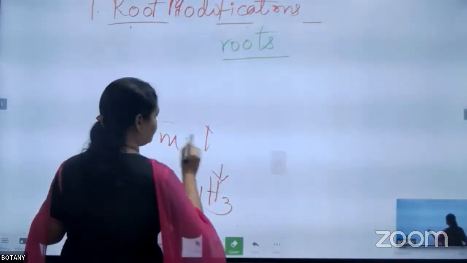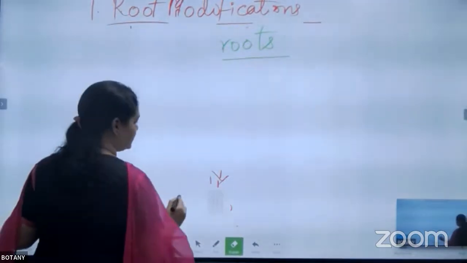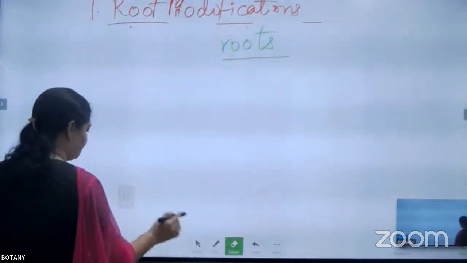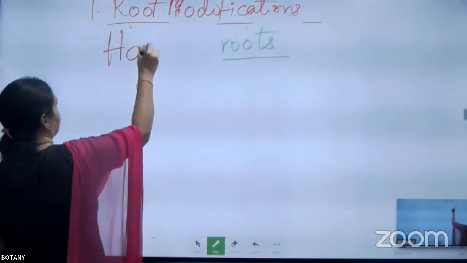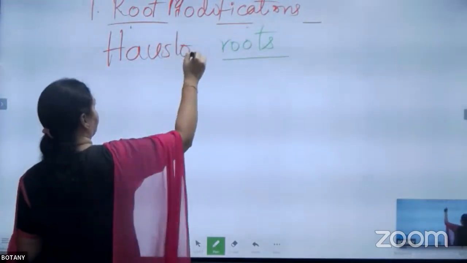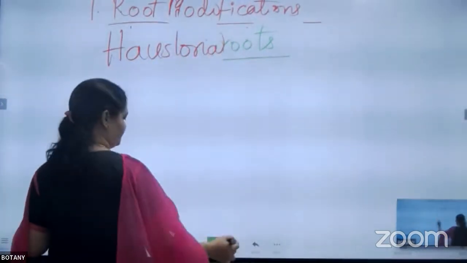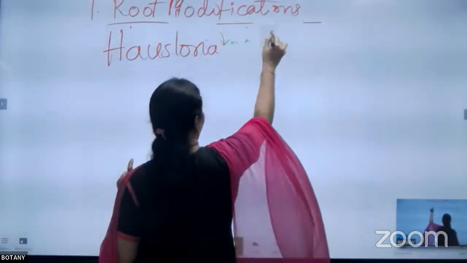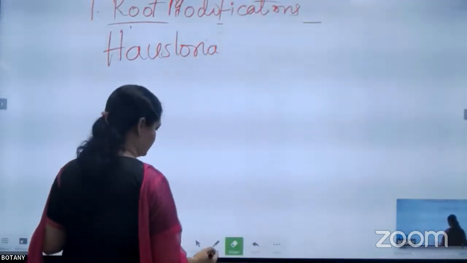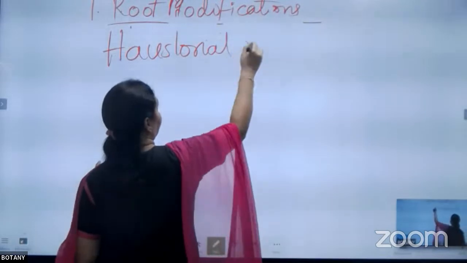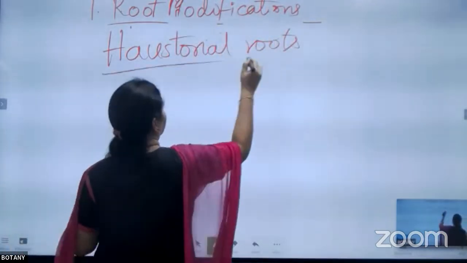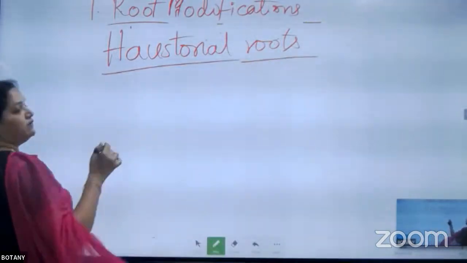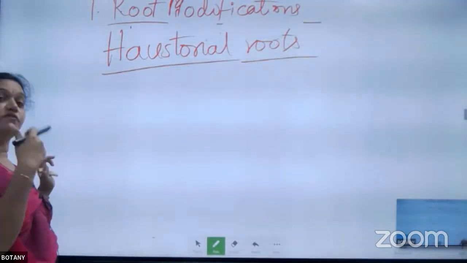And the next one is seventh root modification, haustorial roots. What is meant by haustorial roots? Some plants will live on another plants for their food or shelter or for both.